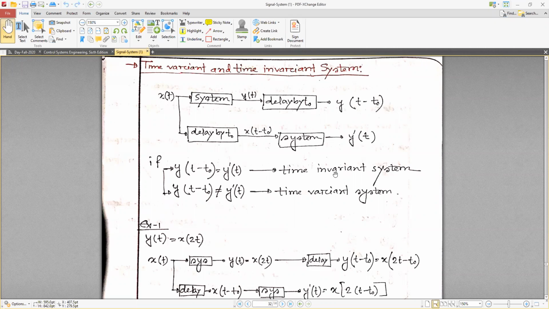That means time invariant means it does not depend on the time, whereas time variant means it does depend on the time. Okay, that is the difference here.